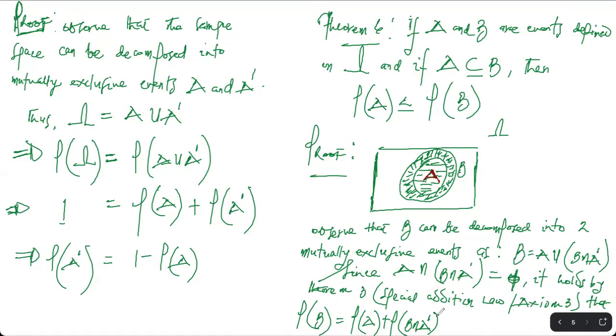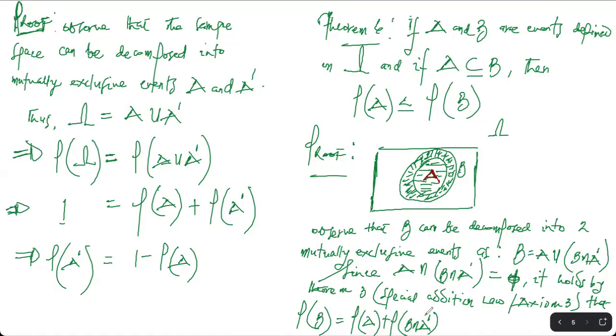If you look at this very well, this probability B has been rewritten as the sum of the probabilities of these two disjoint events.